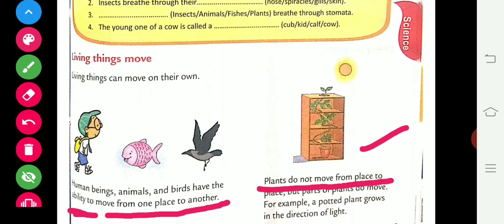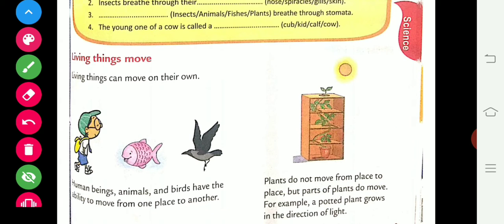Plants do not move from place to place, नहीं करते हैं, but parts of plants do move. For example, potted plants grow in the direction of light. It means plants do not move, but some parts of the plant move.